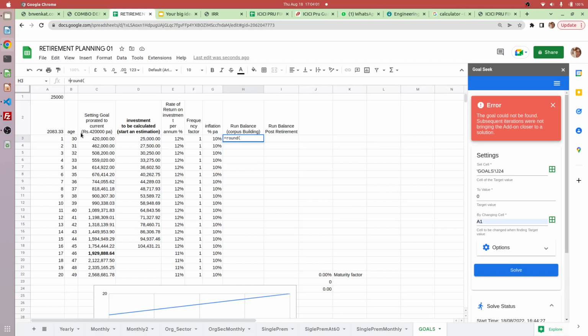It is equal to the investment multiplied by 1 plus the return divided by the frequency factor, comma 2 decimal places.